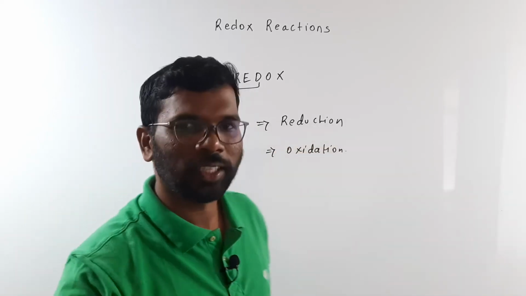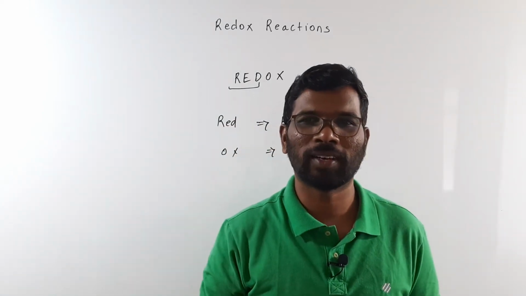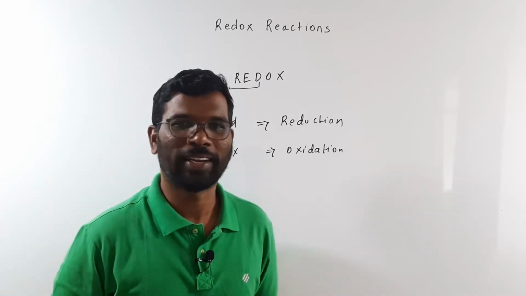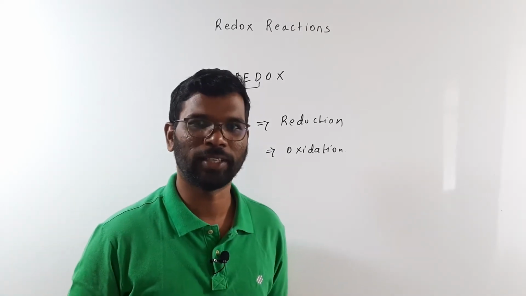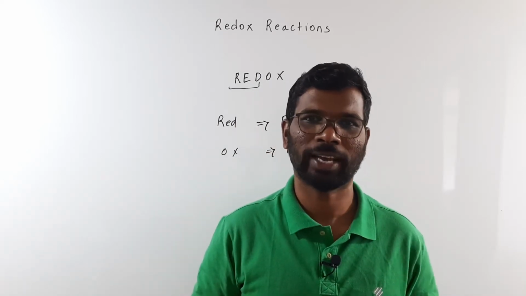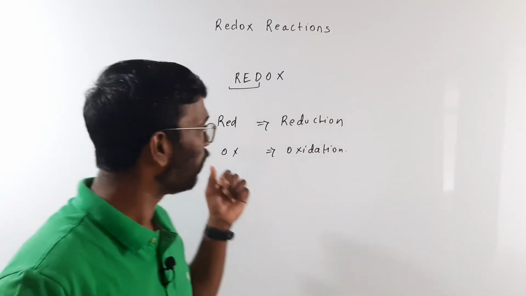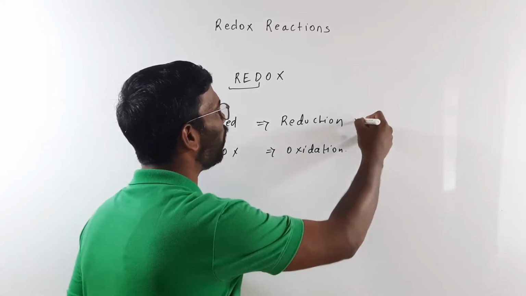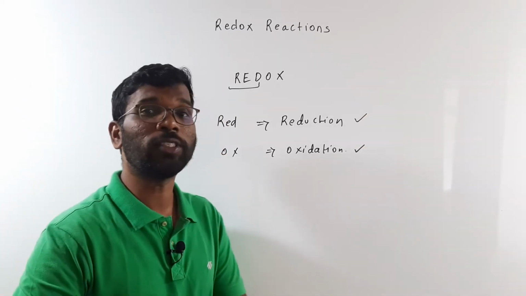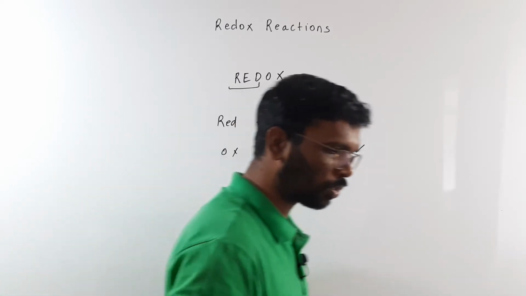So in this topic, we are going to learn about the reactions in which reduction and oxidation take place simultaneously. Before I take you ahead with this chapter, I'll explain the meaning of reduction and the meaning of oxidation. There are two definitions of reduction and oxidation.